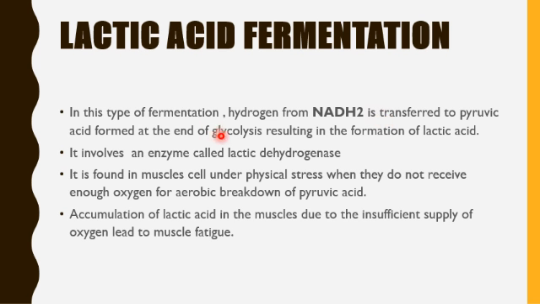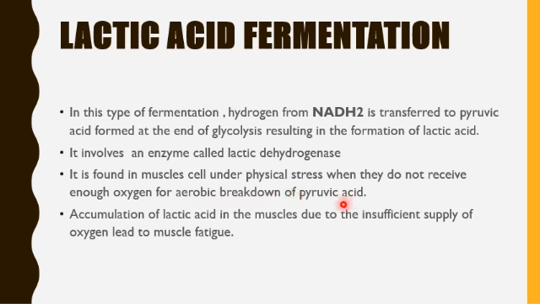Lactic acid fermentation. In this type of fermentation, hydrogen from NADH2 is transferred to the pyruvic acid formed at the end of glycolysis, resulting in the formation of lactic acid. It involves an enzyme called lactic dehydrogenase. It is found in muscle cells under physical stress, that is while we are doing physical exercises. In the muscle, the availability of oxygen is reduced, so they do not receive enough oxygen for the aerobic breakdown of pyruvic acid.